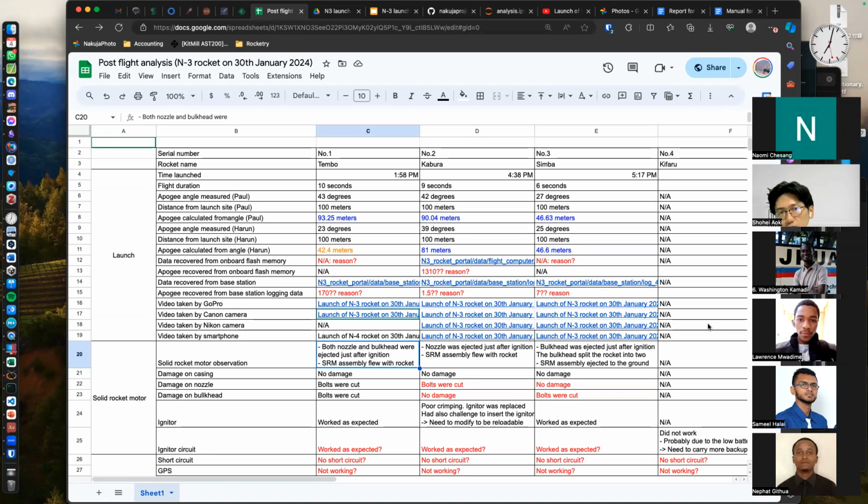We have to emulate similar situations on our own site as much as possible. We have never tested our system for more than 1 hour, and we didn't shake our recovery system and avionics bay too much. But we have to stress our flight computer to see if any malfunction occurs.